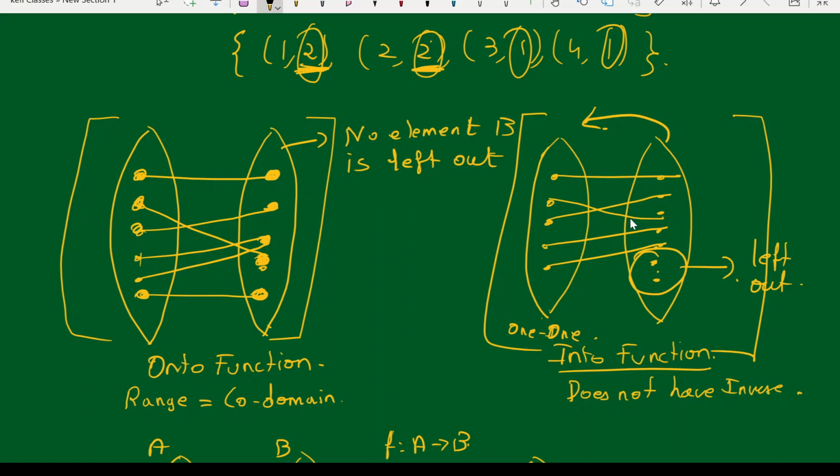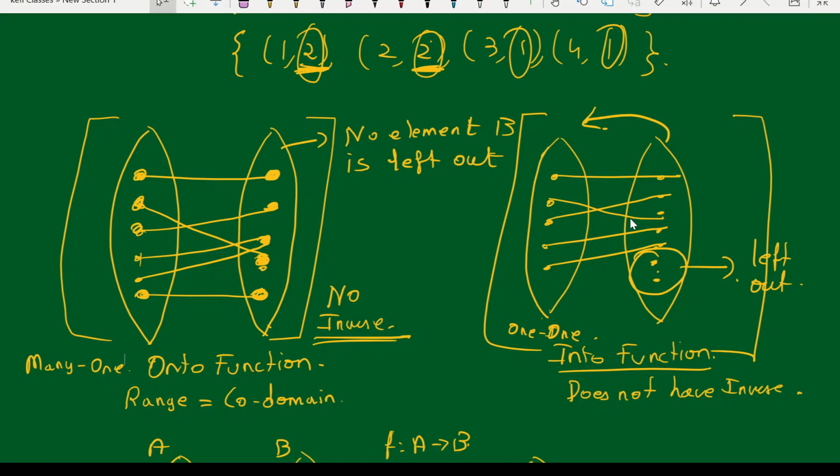In the direction B to A, it will not have unique images. Everything has images, but the images won't be unique because it will have two images. So even this one is not going to have an inverse. It was an onto function, but a many one onto function. So many one into, no inverse. 1-1 into, no inverse. Many one onto, no inverse.